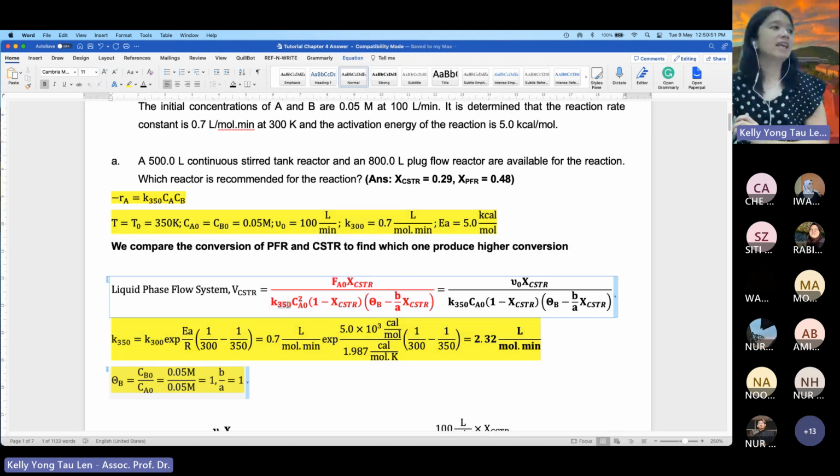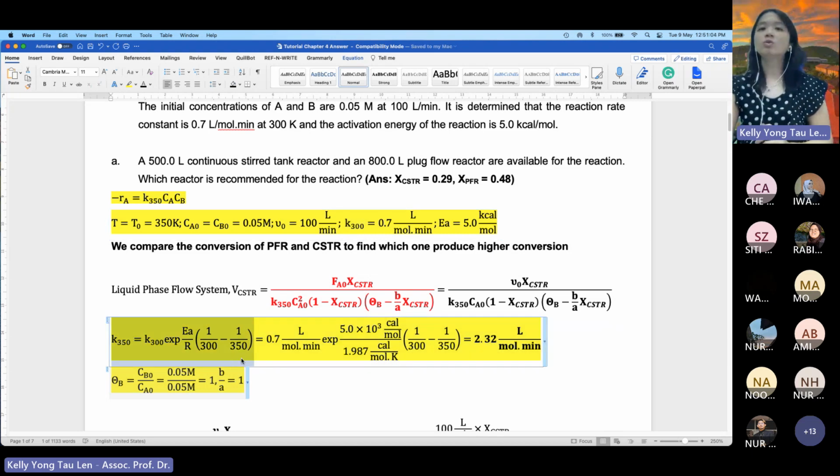Next is K. So K at 350. Our challenge is that although we have K, the K is at 300 Kelvin. So naturally, we have to find K at temperature 350. You have learned this in the Arrhenius equation.